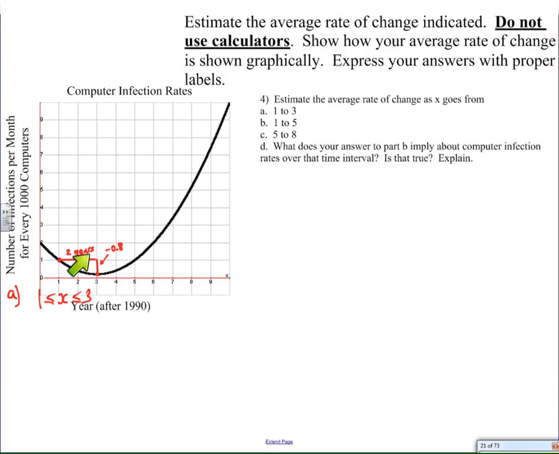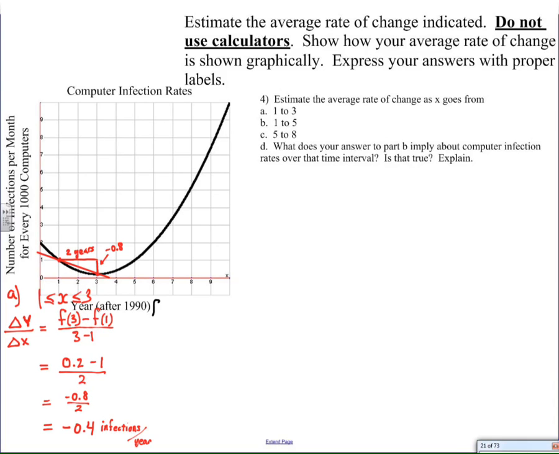There's 2 years passed, and there was a drop of about, and this is just an estimate anyway, 0.8 infections per 1,000 computers per month in that 2-year period. So now what we have to do is actually quantify this and put it into the right language. To do the calculations, simply evaluate the function at 3 and 1, and you get a fraction that reduces.